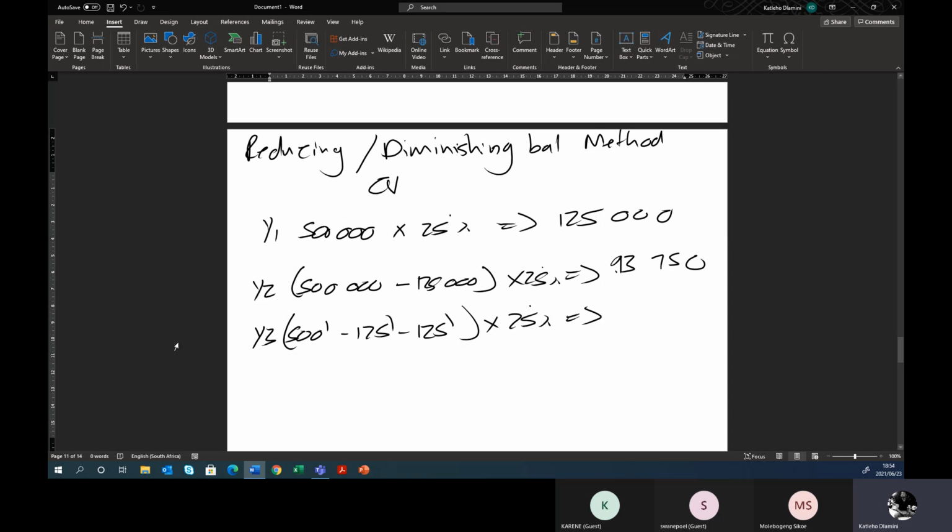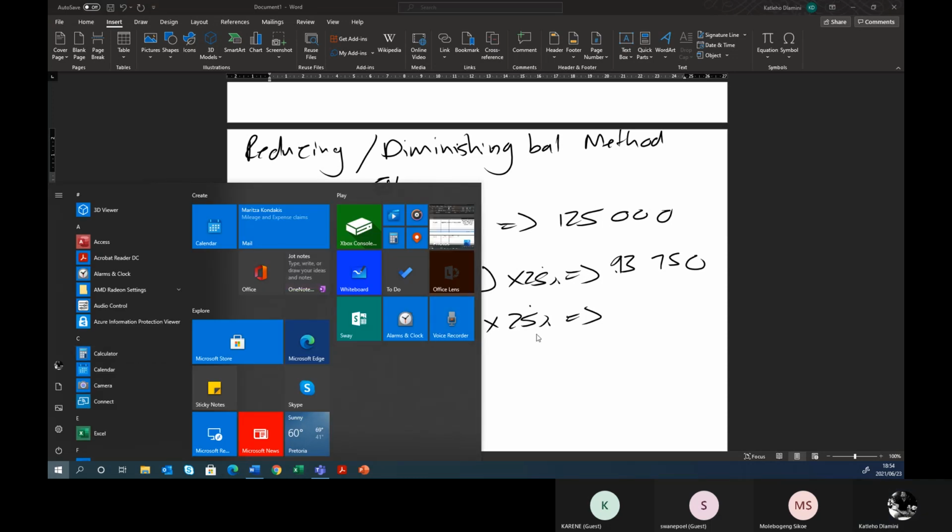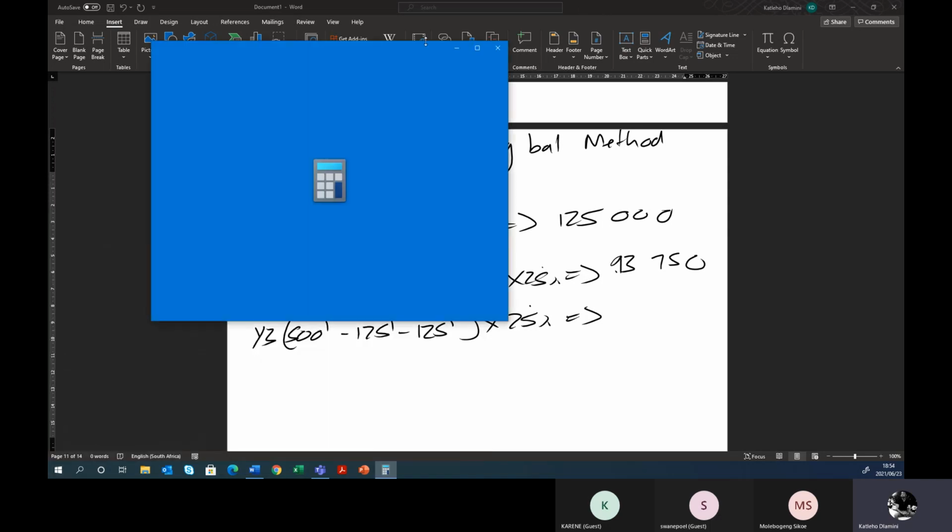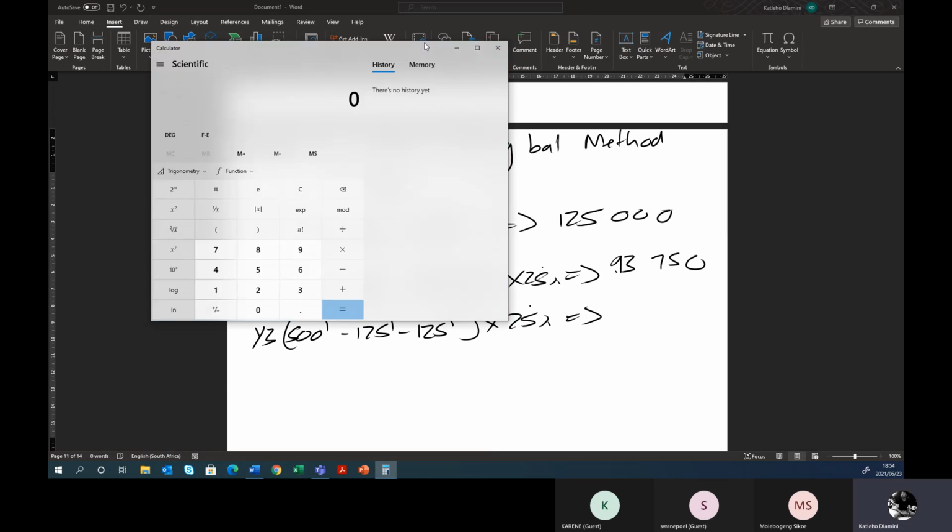And I see my calculator has deserted me another time. So I'm just quickly going to use my handheld calculator here. Oh, okay, here it's back. 500,000 minus 125, okay, there we go. 500,000 minus 125 minus another 125.